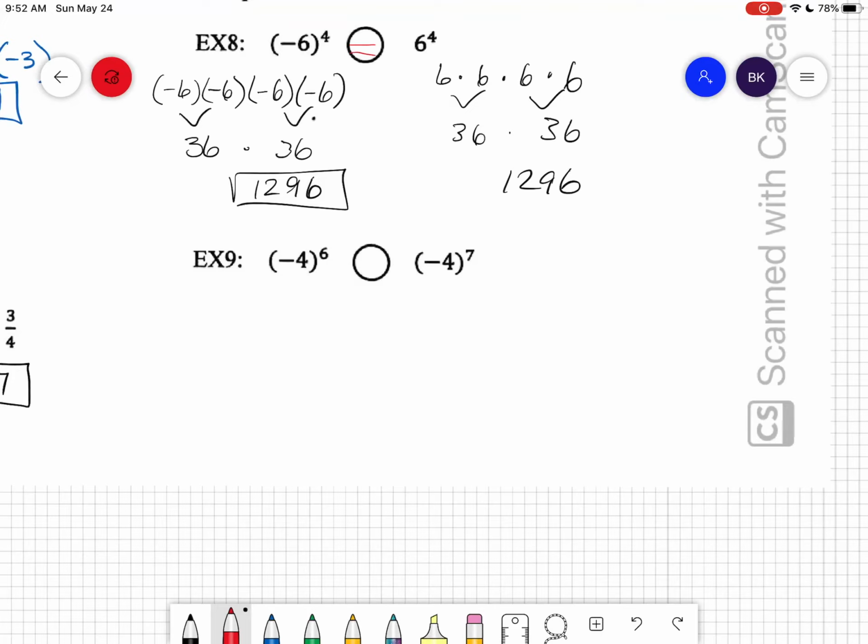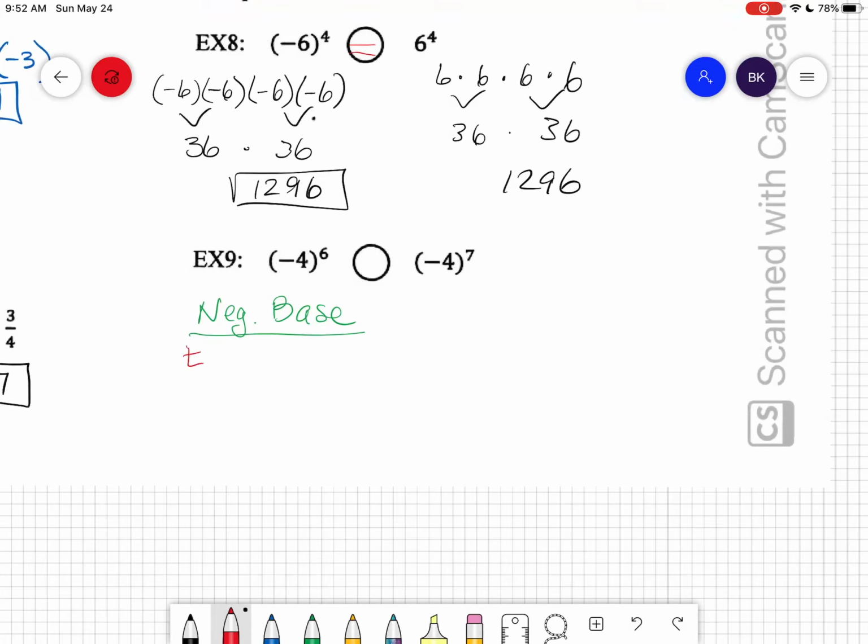Now finally, last part, negative 4 to the 6th power. And this, I'm not going to expand. I'm just going to tell you the rule. So the rule is whenever we're dealing with a negative base, okay?